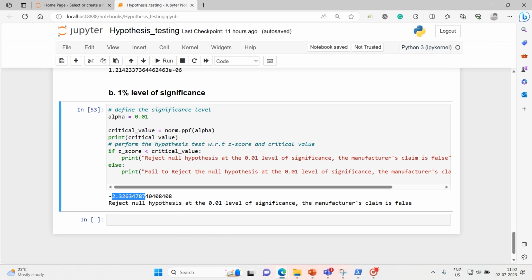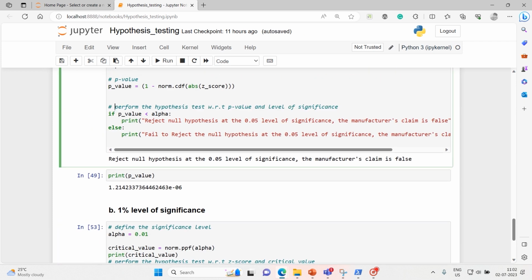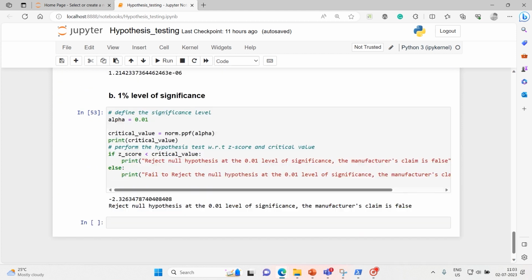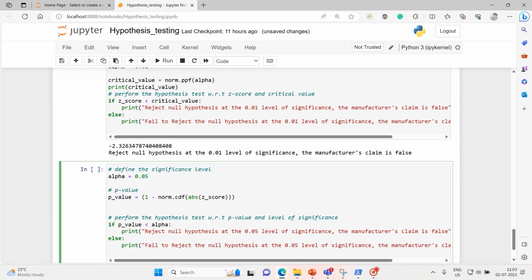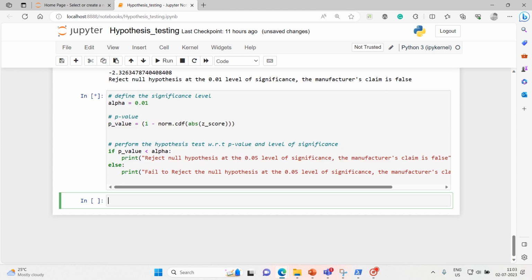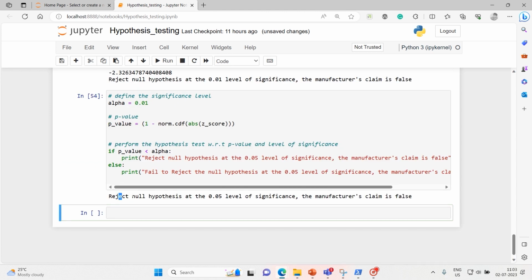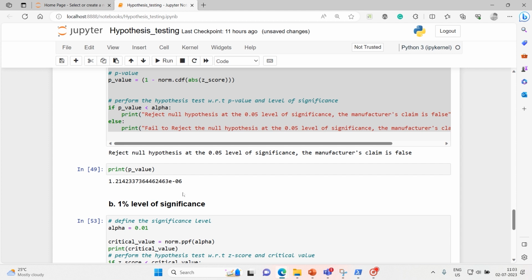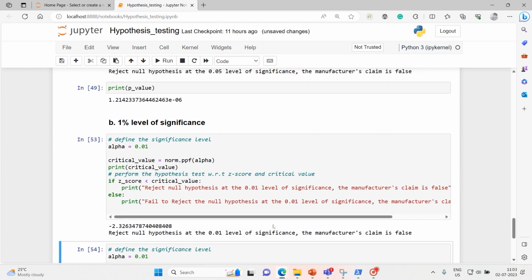So we reject the null hypothesis, and we can apply the same with respect to the p-value also. Let's see what result it gives. Let me say 0.01, keep the rest the same, and still it's been rejected. And this is how you do a one-sided left-tailed test.